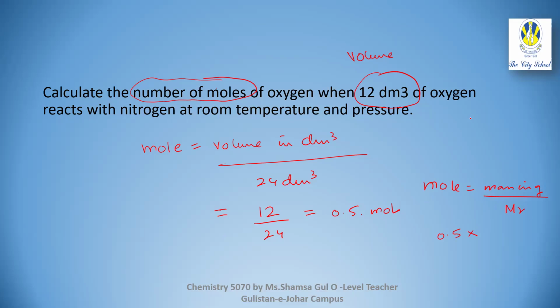But make sure that oxygen is diatomic, so you will take the MR of oxygen as 32. If you multiply the number of moles, 0.5, by the MR, 32, you will get the mass. That's going to be 16 grams.